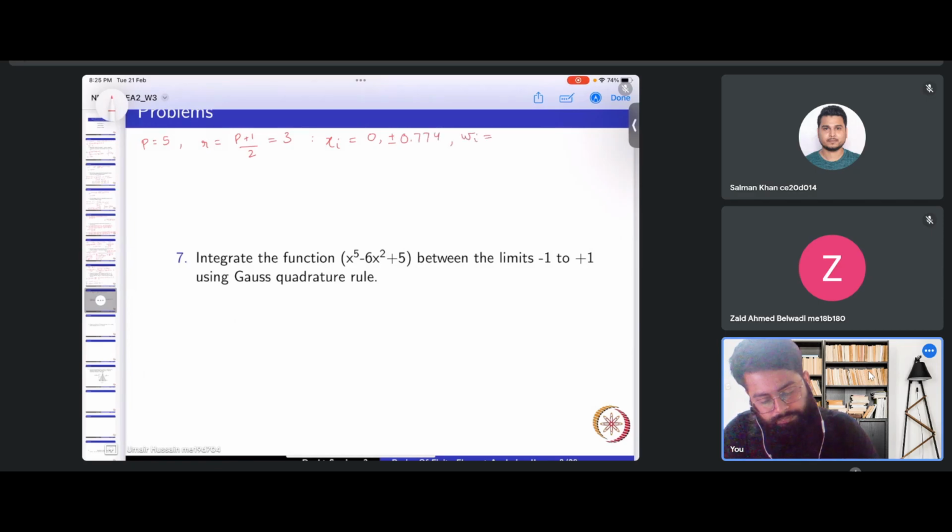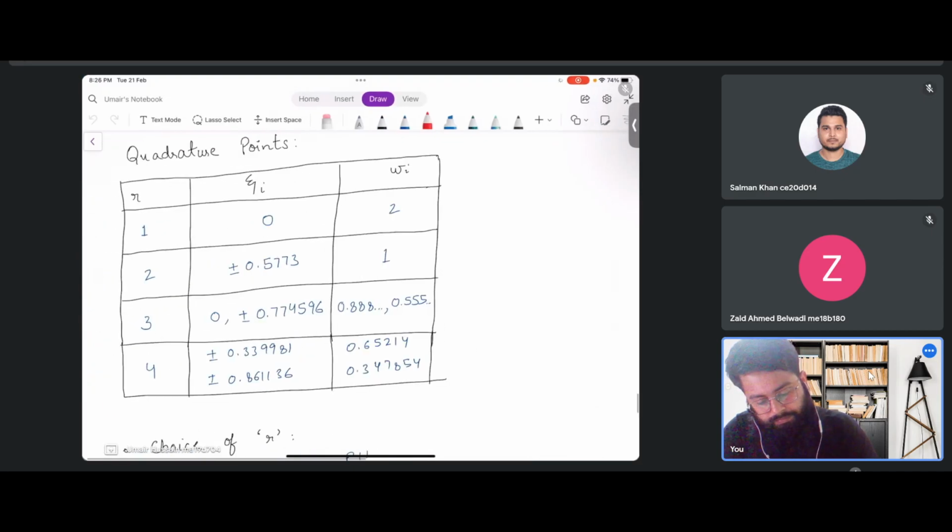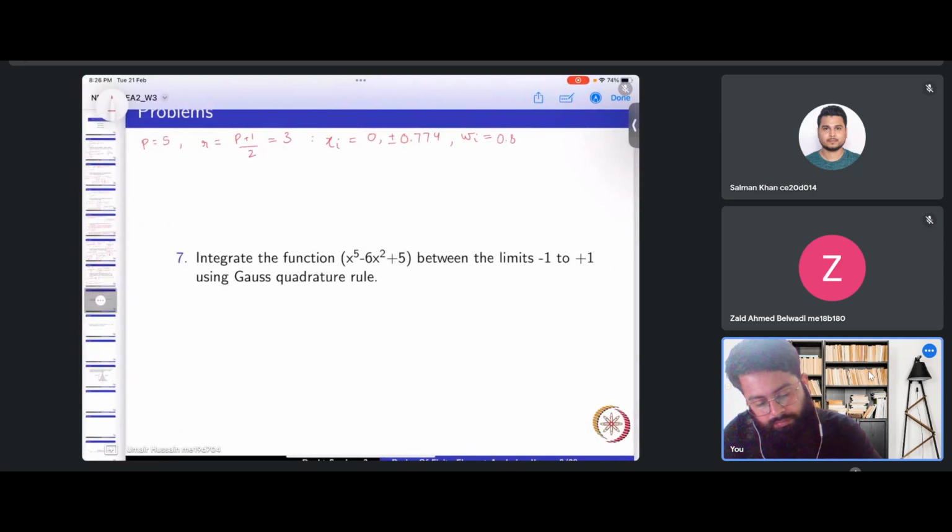Then we have weights 0.888 and 0.555. So the integral is given as function value at 0 times 0.888 plus function value at minus 0.774 times 0.555 plus function value at plus 0.774 times 0.555.